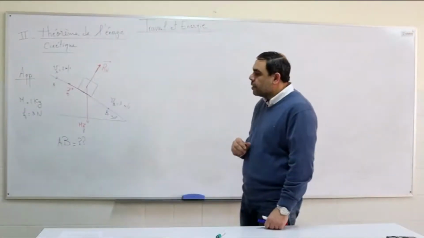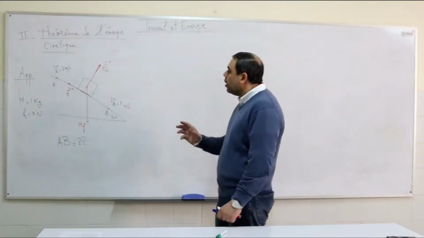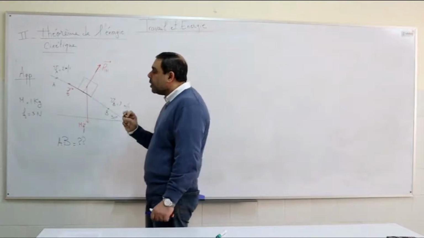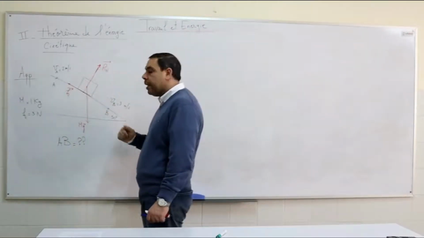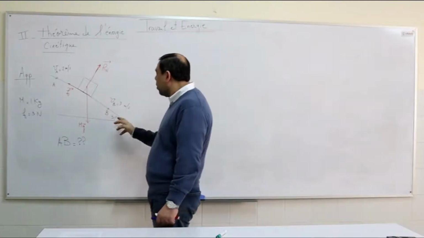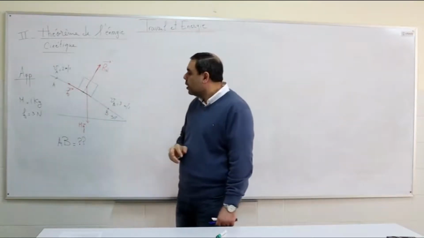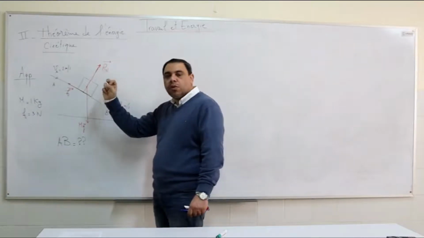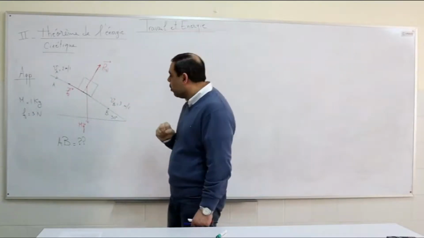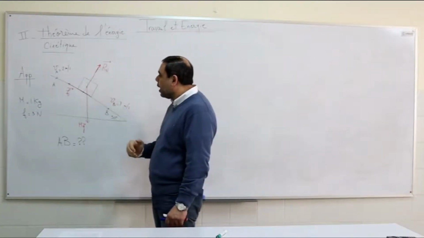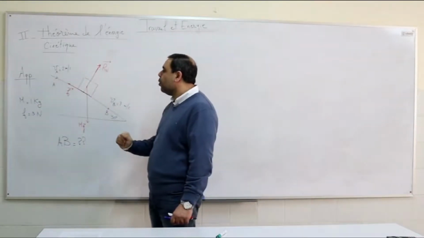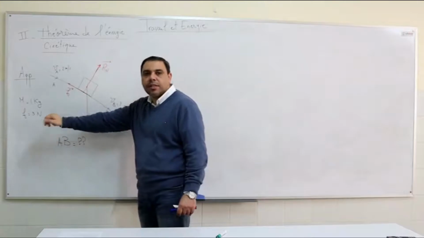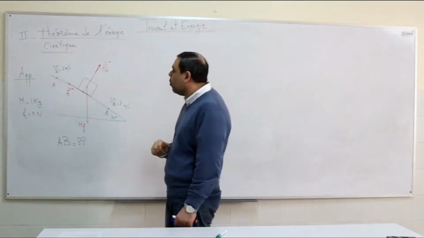Let's solve another application. We have a box that slides down an inclined plane, and the inclined plane makes an angle of 30 degrees with the horizontal. The box is under the action of three forces: the weight of the box of mass 1 kilogram, the reaction of the support, and the force of friction of constant magnitude 3 newtons.